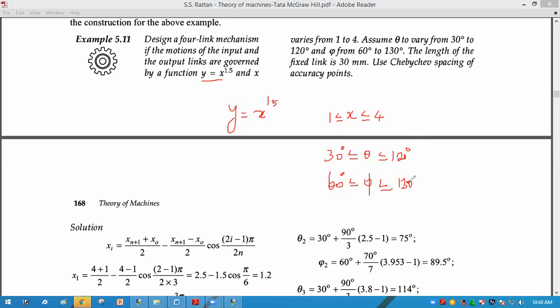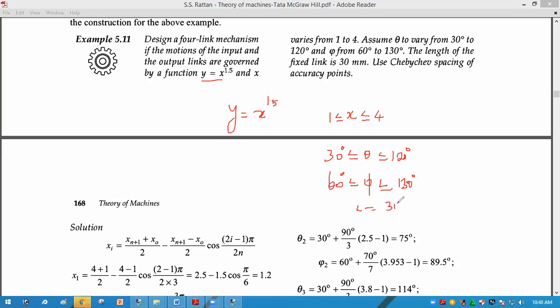The length of the fixed link is 30 mm. Okay, if you take any mechanism, there will be one fixed link, then only it is known as a mechanism, or else it is a kinematic chain. So theta varies from 30 to 120 degree, phi varies from 60 to 130 degree, and the length of the fixed link is 30 mm.